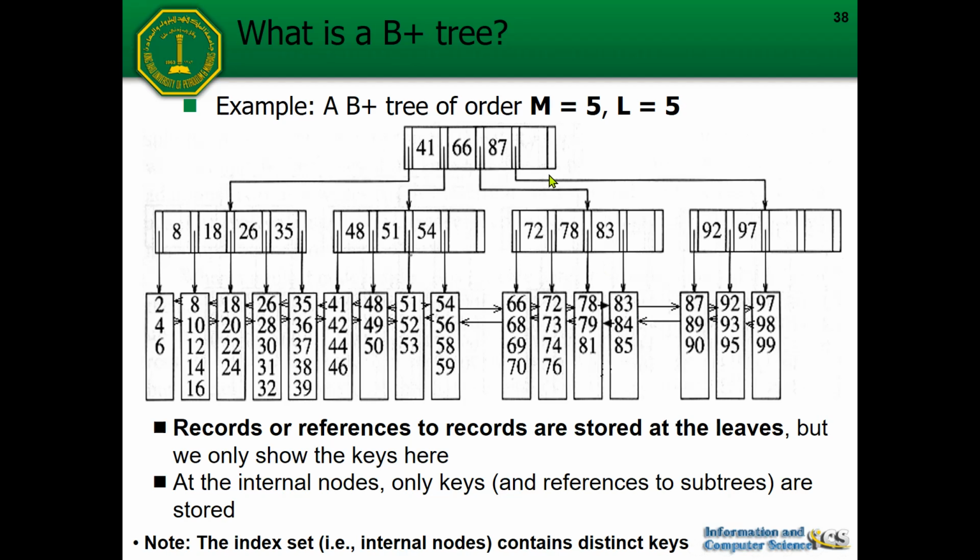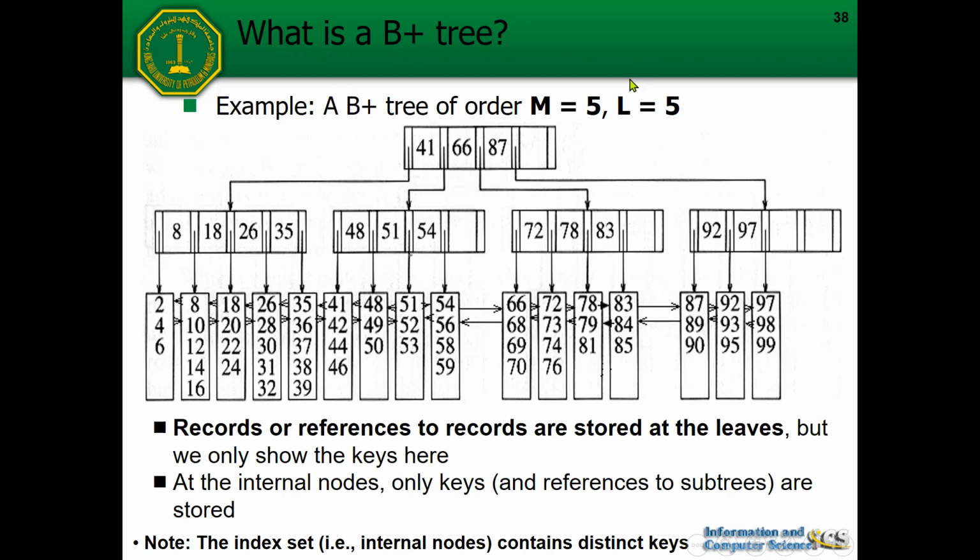So for example, now we have M equal to 5 and L also equal to 5. This means that the maximum number of keys for the root and the internal nodes should be M minus 1, which is 4. And the maximum number of branches, of course, is 5 because M is 5.